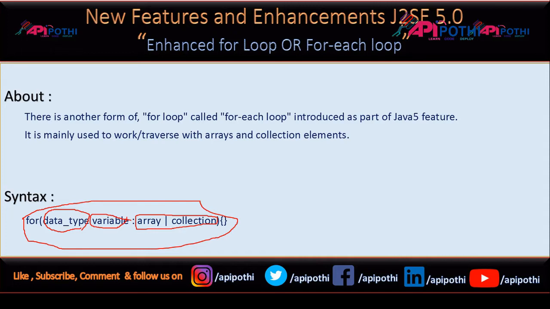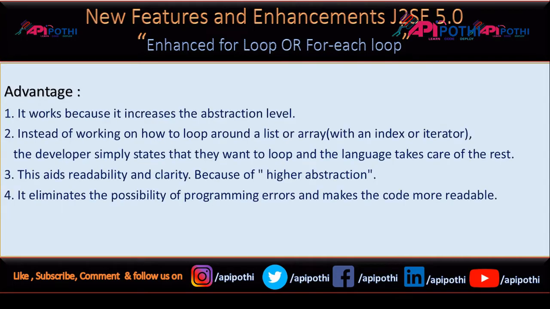Only two things we are talking about: the destination, where we are storing the value, and the source, from where we are getting the value. There is no int i equal to 0 and all those things. Looking at this code, you are not able to tell the length of your array or the length of your collection API. So these are all hidden information. Basically we can say this is a high level of abstraction.